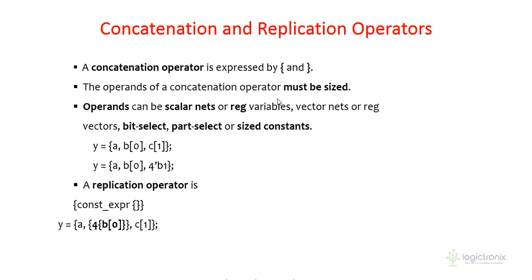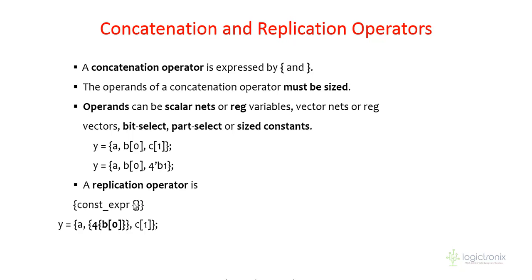We can use concatenation, which can be expressed with curly brackets, and we can see here the overall curly bracket is starting from here to here. Actually, Y will get first A in the MSB, C1 in the LSB, and the mid value is B0. So all the values will be arranged and concatenated. MSB to LSB is what the curly bracket covers.